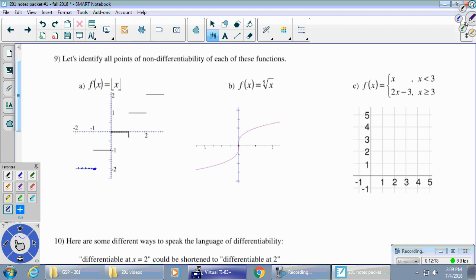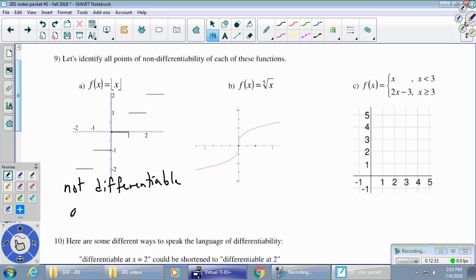But then right there at the end is where the function is not continuous and therefore not differentiable. So this function here is not differentiable at -2 and -1 and 0 and 1 and 2 and forever, all the integers. Not differentiable because it's not continuous.